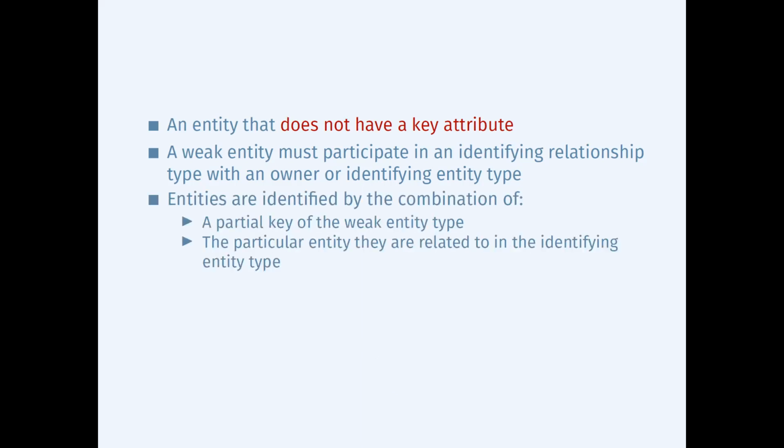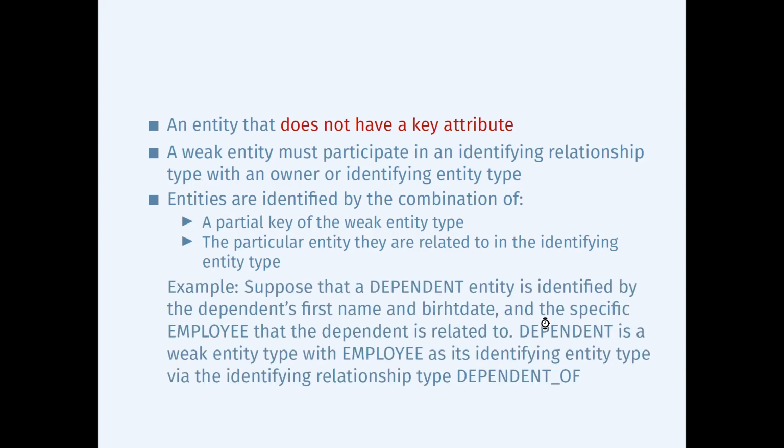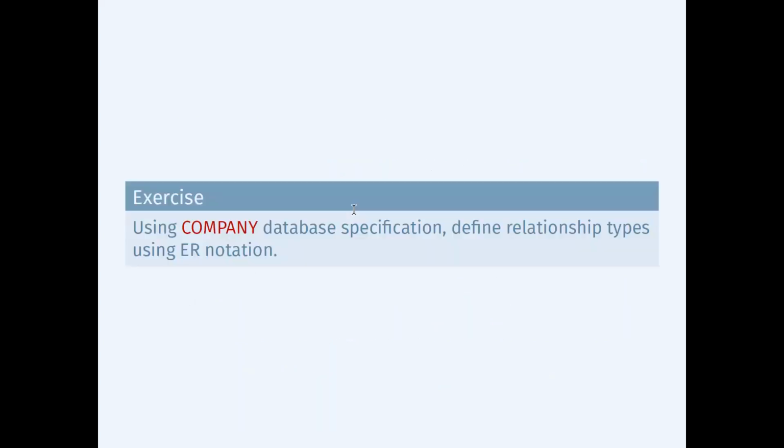So when you have a partial key of the weak entity type, and if it is related to the identifying entity type, in our case, it's employee, what we need to do is we have to create a separate relation.